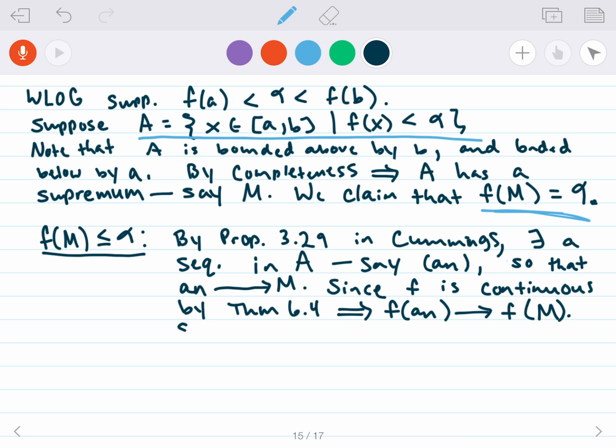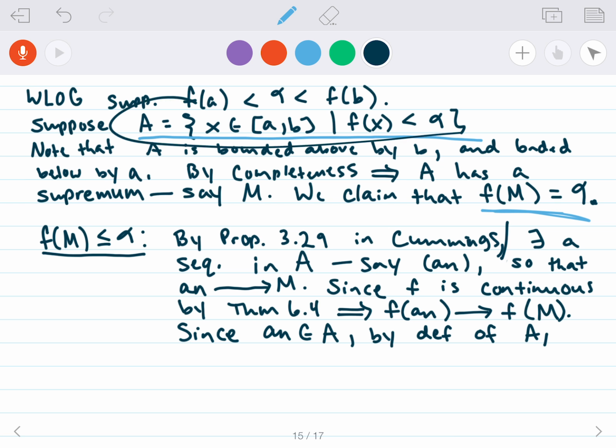Okay? And since each of the terms in our sequence is in capital A, by definition of capital A, which is all of the x's in this compact set from a to b so that f of x is less than alpha, when I apply f to those terms, they are going to be less than alpha.